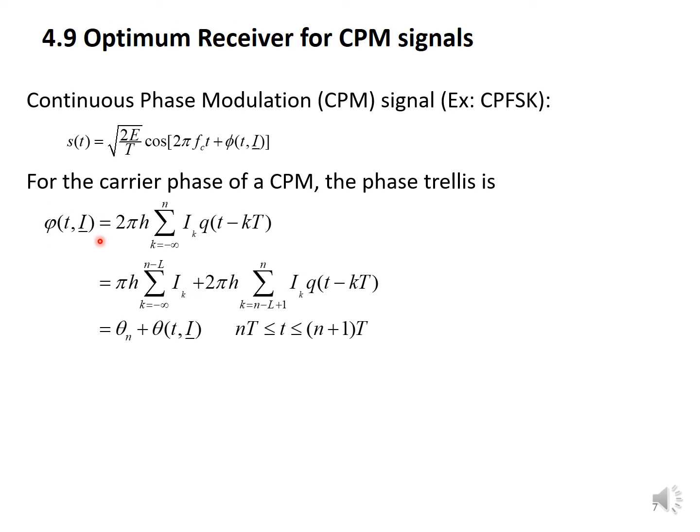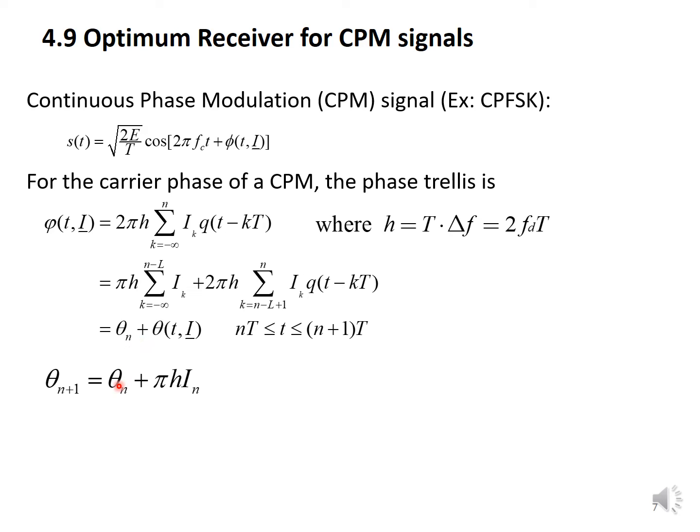And so the phase, right? The phi represents the continuous phase, and here the phase will be an integer number of phase, the previous integer number of phase theta n, plus the new phase accumulation of this symbol.